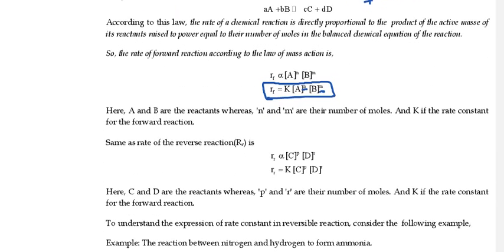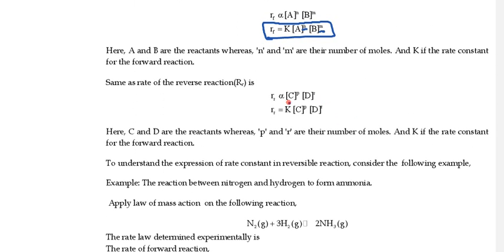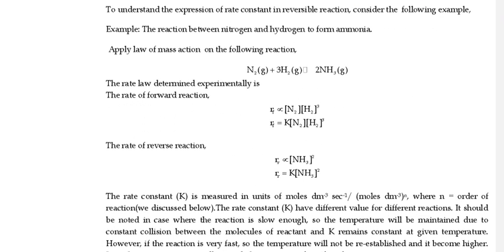The same happens with the rate of reverse reaction. For example, consider the formation of ammonia, which is a reversible reaction. Here you have 1 mole of nitrogen gas and 3 moles of hydrogen gas. For the rate of forward reaction, the active mass of nitrogen and hydrogen determines the rate of reaction.